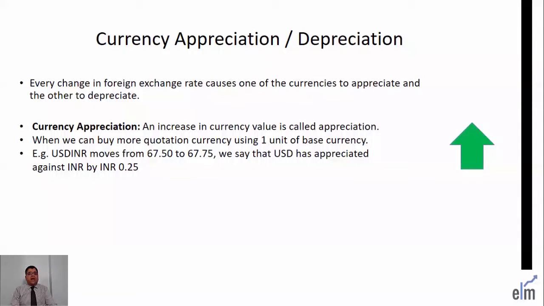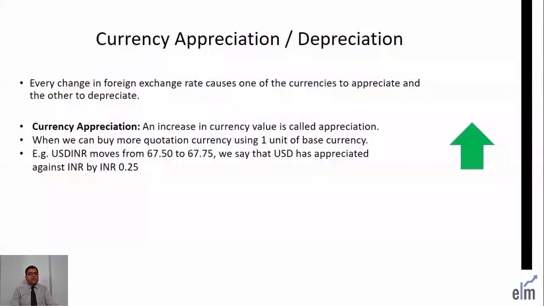So, when the value of a currency goes up, it is called currency appreciation. It simply means that when we can buy more of the quotation currency using one unit of the base currency, we say that the base currency has gone up, or the base currency has appreciated.